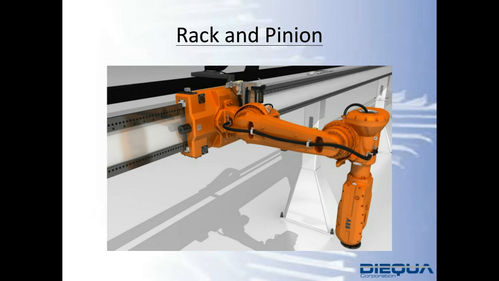And typically it could be overhead, it could be on the side, and it could be on the base. The forces are similar on the pinion gear as you're driving up and down, but depending on whether it's up top, sideways, or at the bottom, it transitions from axial to radial to tilting. Right?